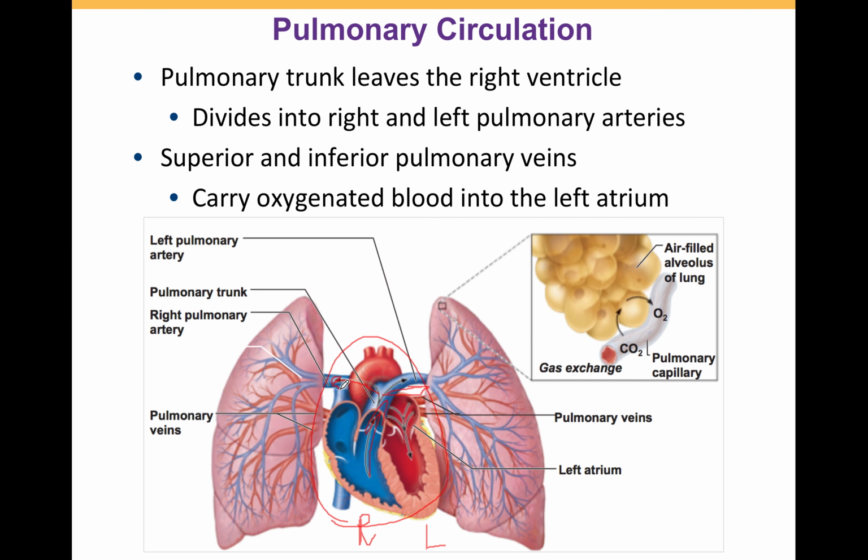This is where the gas exchange takes place, where you can see in this picture your blood vessels and your lung tissue. So CO2 is going into the lungs and O2 is getting into the blood vessels. And this blood is going to be oxygenated eventually and returned back to the left side of the heart, which we see in red.